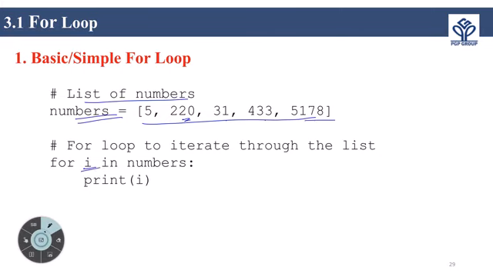We get i is equal to 5, so print 5. Then i is equal to 220, and 220 is printed. So this is based on the i value being executed using the for loop. This is a simple for loop.